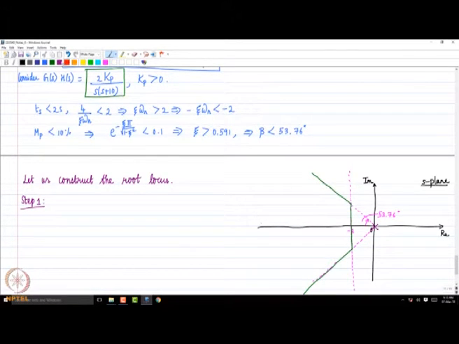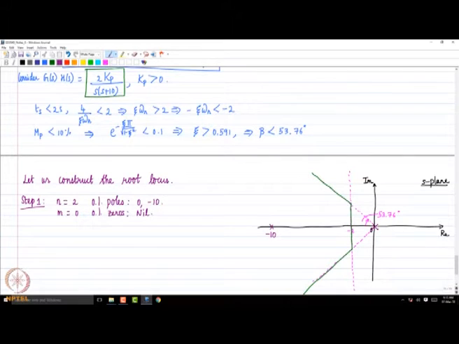So let us say I mark minus 10 here. So consequently the value of n is 2, the value of m is 0. There are two open loop poles at 0 and minus 10. There are no open loop zeros, right. Correct. So that is the first step.